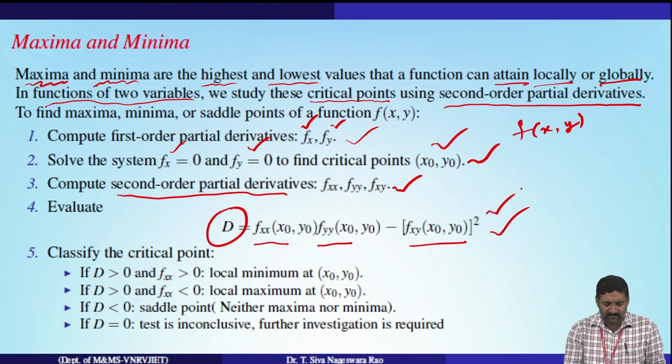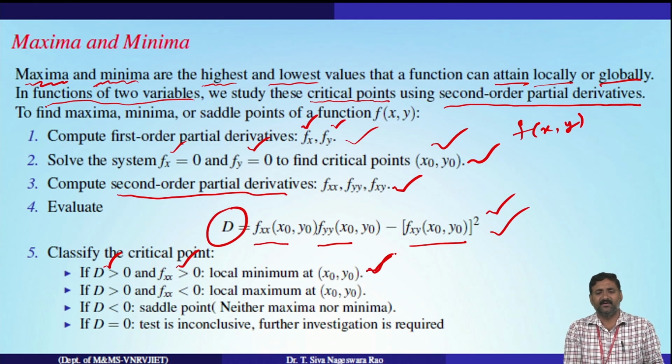If D is greater than 0 and fxx is greater than 0 at a point x naught comma y naught, then the function has a local minimum. By substituting this point into the given function, you get the minimum value.